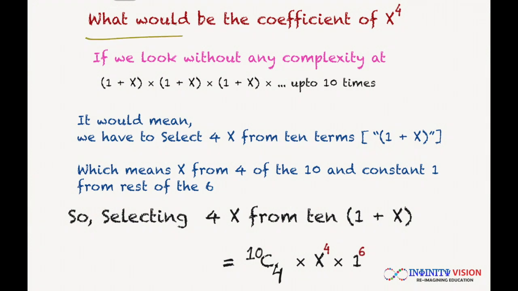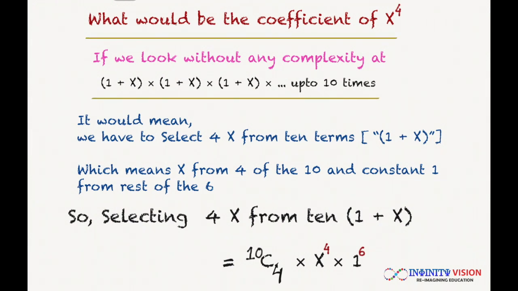Well, then what would be the coefficient of x to the power 4? Again, we will look at the same way, that 1 plus x multiplied with 1 plus x into 1 plus x up to 10 times. But now the scenario says out of every 1 plus x term, we don't have to take x from each term, but only 4 of the 10 have to give 1x, and from the rest we just have to take 1.